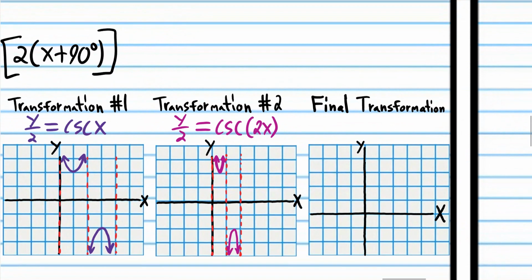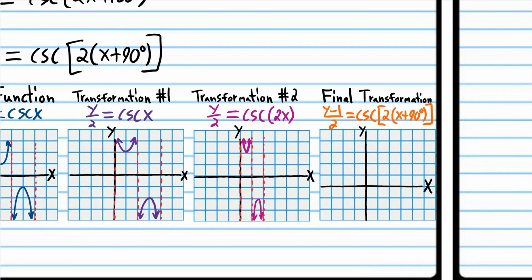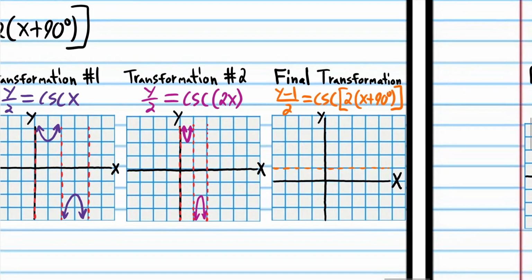So now we're going to subtract 1 from y, and we're going to add 90 degrees to x. So that moves the graph up 1. So I'm going to draw the midline that helps us graph. And everything in the graph is going to move 90 degrees to the left.